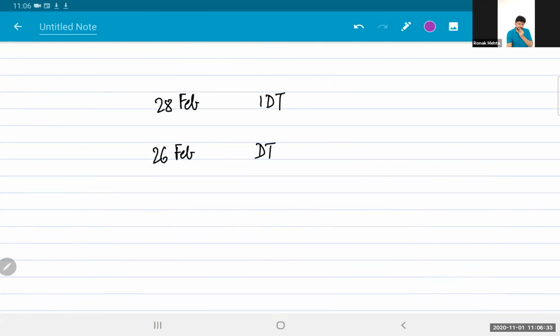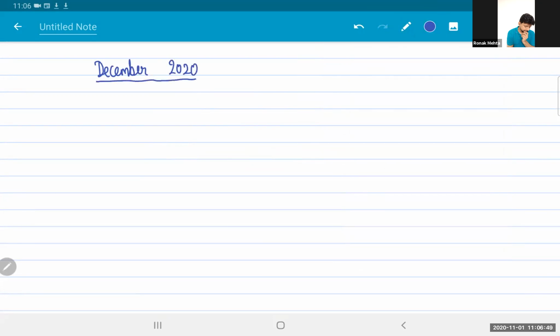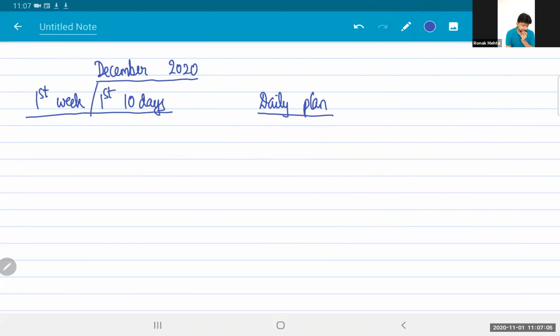Now, the second set of suggestions, or the second set of planning that I would want to suggest to you, is the daily planning. You guys are starting in the month of December. So for any student who is starting in December, I would suggest for the first week or the first 10 days, your daily plan should be something like this.